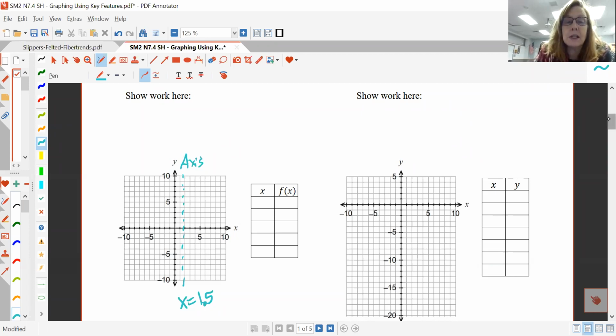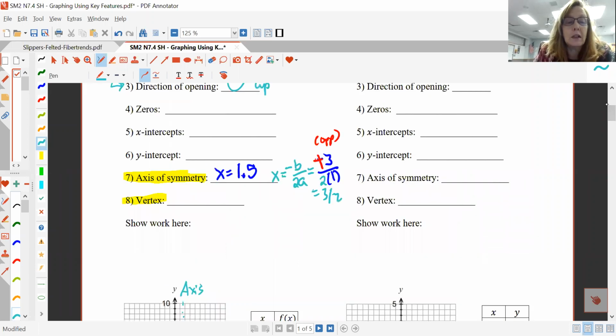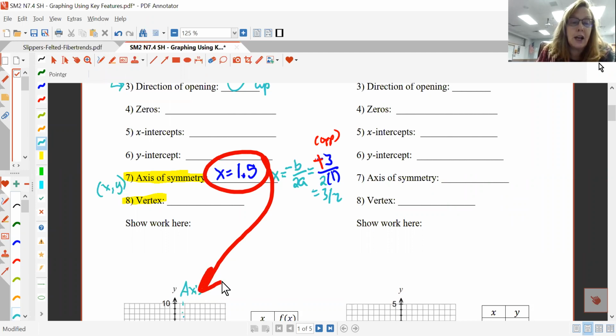So what's the next part of this? Okay, I need the actual point. All points are x, y. All points have an x coordinate and the y coordinate, because if all I have is an x coordinate, what I get is essentially an entire line, like the axis line. So I need to find the y coordinate.